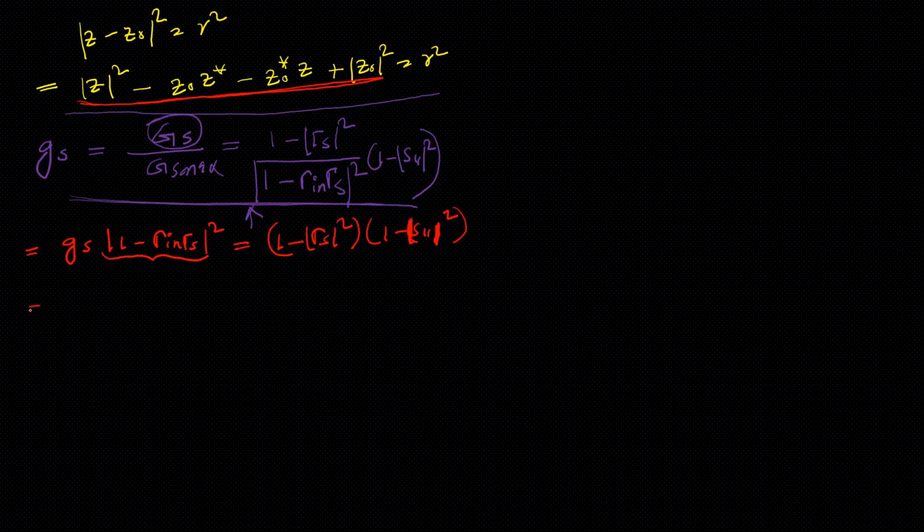It will be equal to GS, the first part mod square, so it will be 1 only, minus the second part as it is and the first part conjugated, so it will be 1, nothing to do, and then this part conjugate into 1, plus the second part mod.